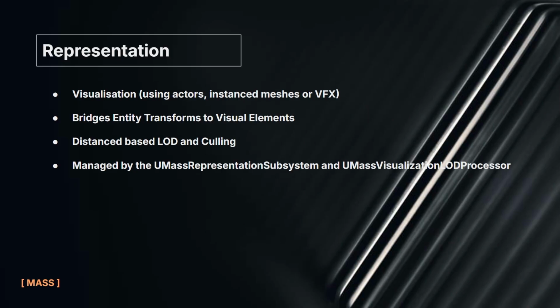When you zoom out, you can have instanced static meshes or your VFX, and you can cull that by distance. You can cull that by numbers, so you maybe only want to say, look, I want actors when you're up close, but only a max of 50, and it will keep the others as instanced static meshes or whatever else you're using. If there's too many on the screen, it can optimize it quite nicely.